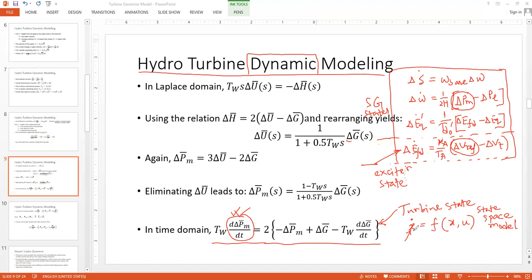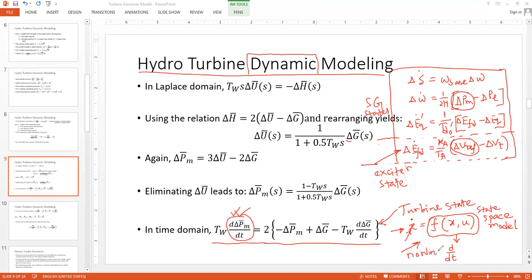On the left hand side, we should have the vectors and their time derivatives, the derivatives of the state variables. On the right hand side, however, we will have only algebraic expressions. There is no dynamics, there is no d by dt on the right hand side.